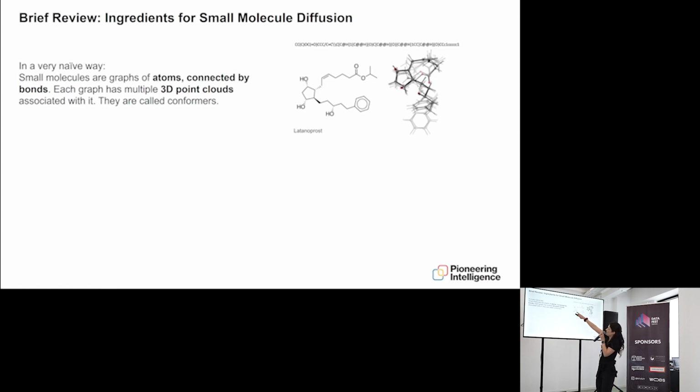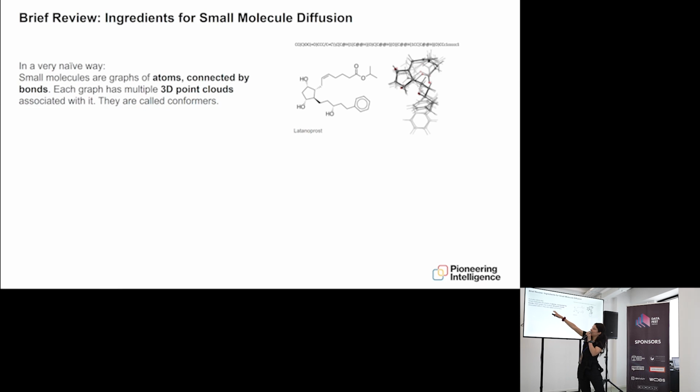So here you see a graph. This is a 2D graph of a molecule called latanoprost. Atom types where they're not marked, that's a carbon C. And they have bonds. This is an aromatic ring bond. There are double bonds, there are single bonds. This is the 2D version of it.